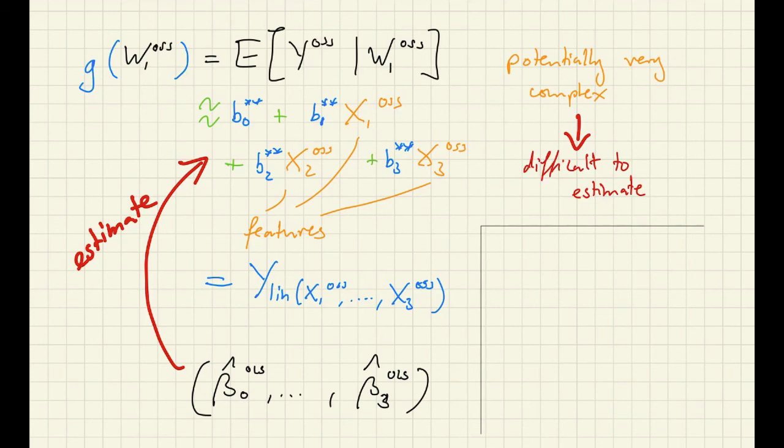So no functional form assumption, so our assumed functional form is allowed to be incorrect. Also, we don't need any kind of exogeneity assumption.